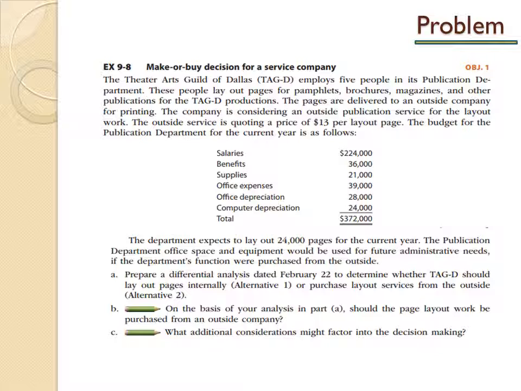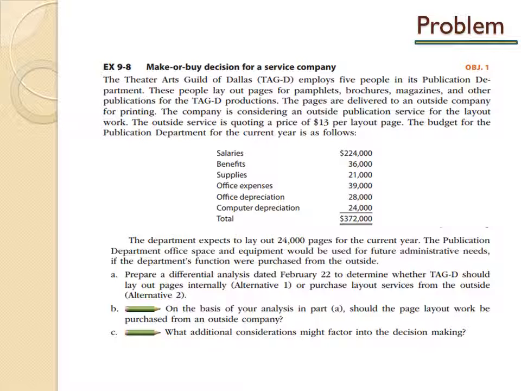The pages are delivered to an outside company for printing. The company is considering an outside publication service for the layout work. The outside service is quoting a price of $13 per layout page. The budget for the publication department for the current year is as follows.